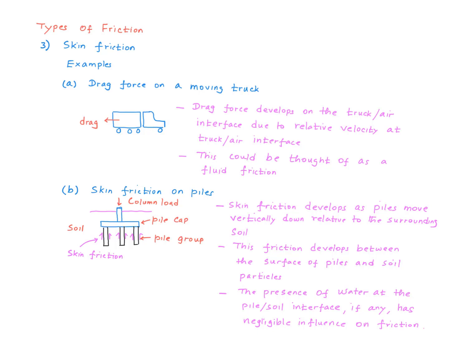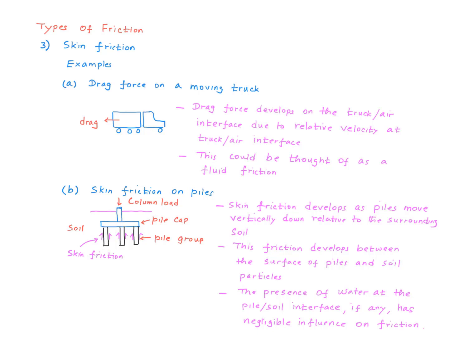Piles are basically long cylindrical rods that are driven into the soil before you put the column load on it. As soon as you put the column load on it, there's going to be relative motion between the piles and the surrounding soil, and this relative motion is going to produce a frictional force. So this frictional force is the skin friction on the piles.